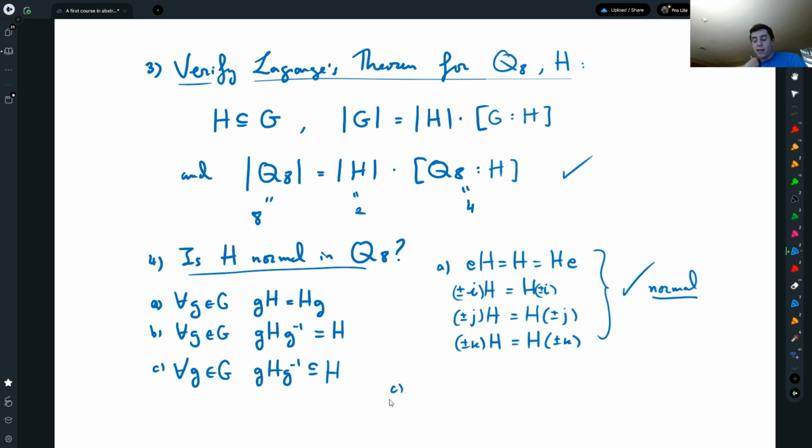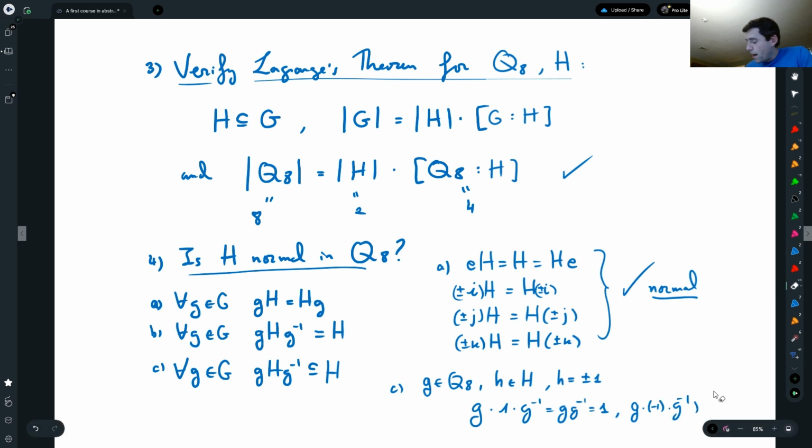Now I can also just check C quickly, because if I have any G in Q8 and h is in H, then h is plus or minus 1, and G times 1 times G inverse, that is 1, and G times minus 1 times G inverse, that is also, because G times minus 1 is minus 1 times G everywhere, this will be also minus G times G inverse, because the minus 1 commutes with everything, and that is just minus 1 times 1, which is minus 1.